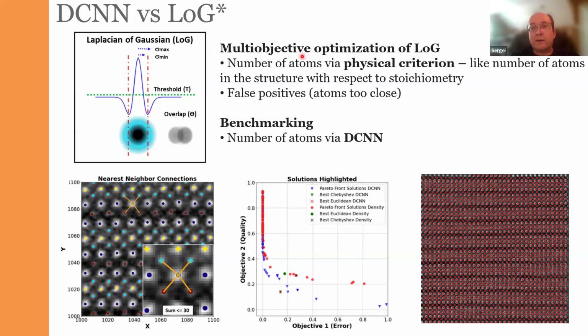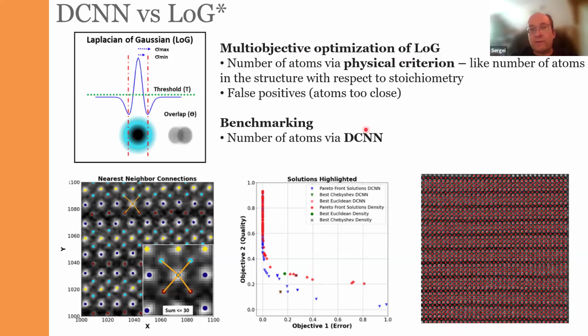That's the difficult part. For this image analysis, we started with very simple physical criteria. When I look at the image, I know my field of view. I know that this is a crystalline material, which basically means I can estimate the total number of atoms inside this image.